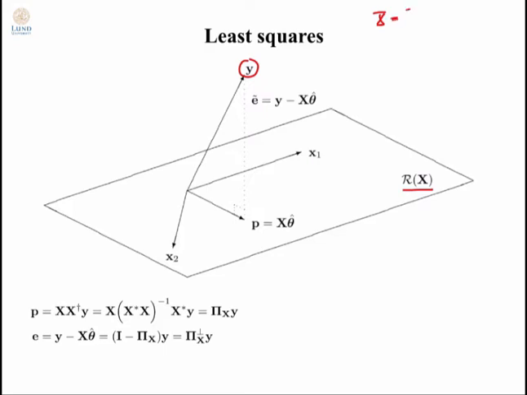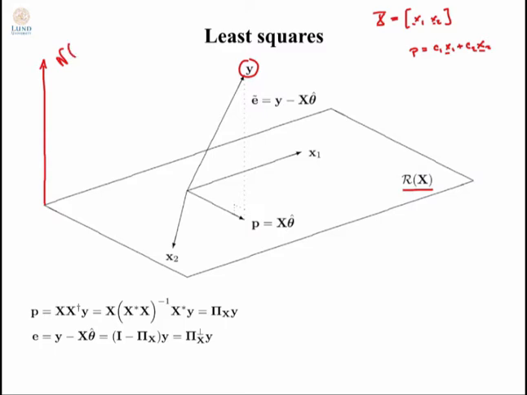So for instance, if I have x consisting of 2 columns, x1 and x2, any point that I can reach by having a complex number c1 times x1 plus c2, another complex number, times x2, will be in the range space. So that is all the reachable points due to a linear combination of these 2 vectors x1 and x2. Any other points are those that lie orthogonal to the range space.